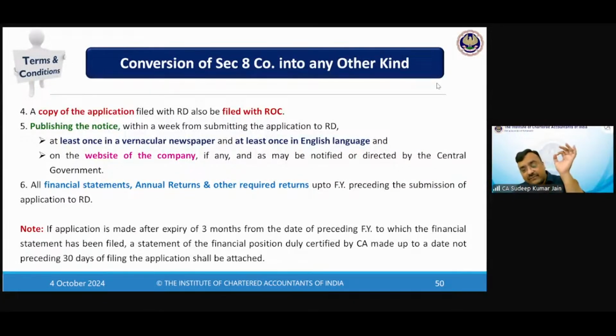It means, if we are making the application today, that is 4th October, a financial statement should be attached with the application that is made up to 4th September. Yani financial statement for the period 1st April to 4th September 2024 should also be clear.